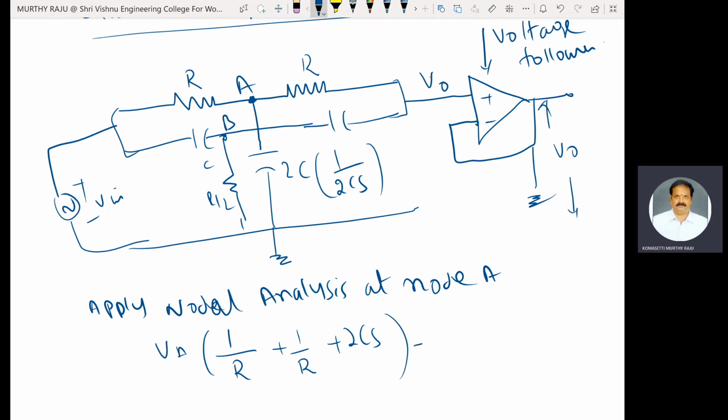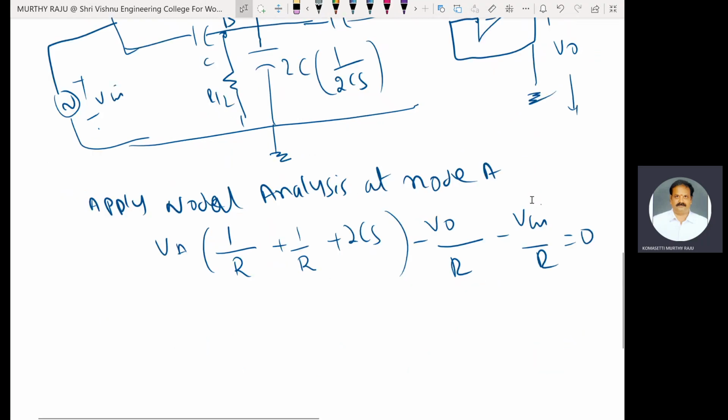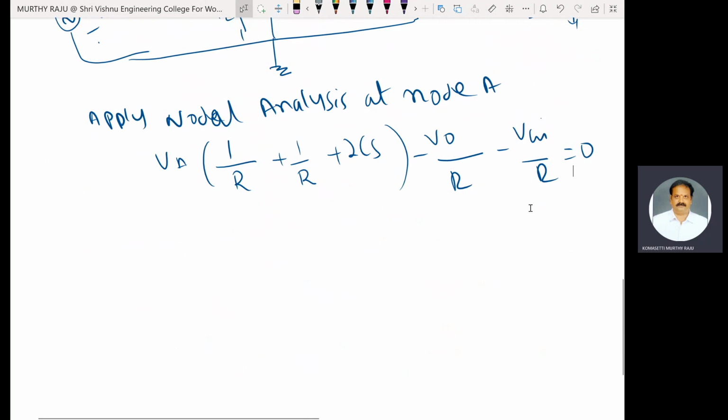Adjacent node voltage is minus V0 by R. Another adjacent node voltage is minus Vin by R, equal to 0. This is equation number 1. Solve this equation.